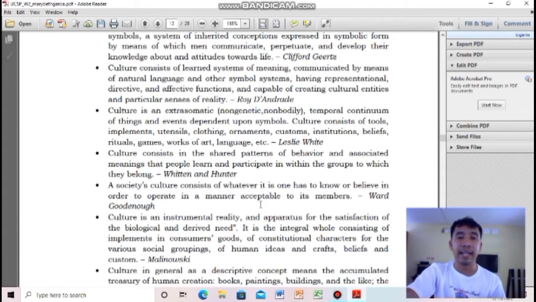Next is, a society culture consists of whatever it is one has to know or believe in order to operate in a manner acceptable to its members. So, ang mga bagay ni kuno nga nabalaan, kay ginapatihan naton, nga naging serve kung paano kita maghulag, kag magkabuhi, kag ina-acceptable or okay sa aton mga kaupod or sa aton nga membro or member pa sa aton nga susyudad.